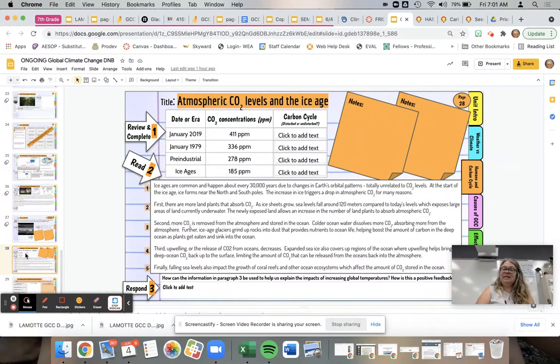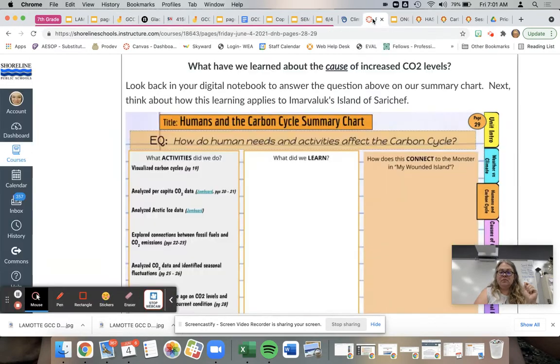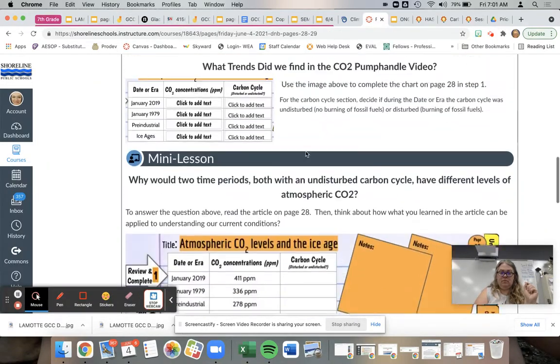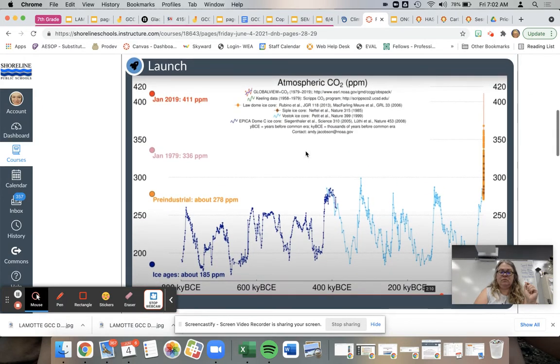And then today, we are looking at atmospheric levels and the Ice Age. So one of your colleagues pointed out that when we were doing the pump handle, we saw this.